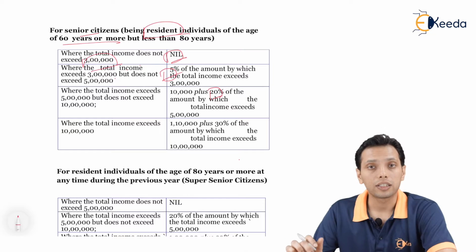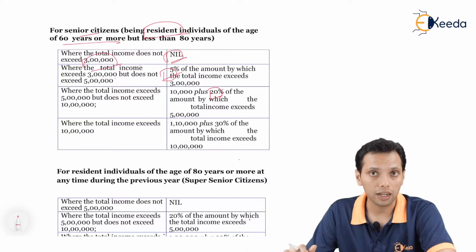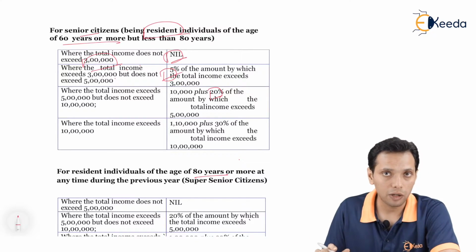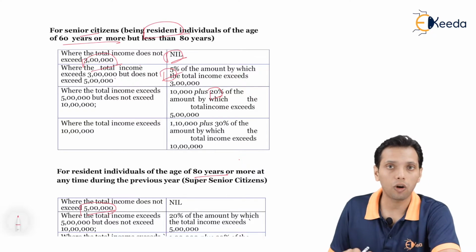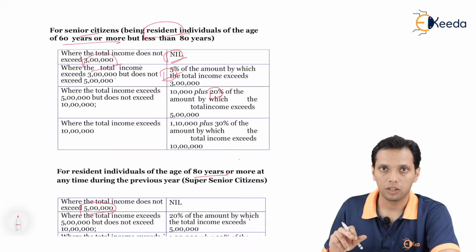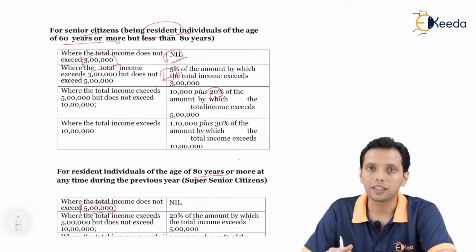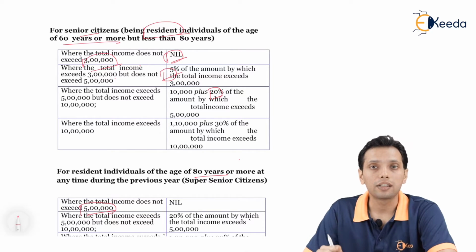And for super senior citizens, who are also resident and whose age is 80 years or more, the slab rate will start from 5 lakh, and not 2.5 lakh or 3 lakhs. So there are 3 slab rates. For resident individuals with age 80 years or more, the slab rate starts from 5 lakh, then from 5 to 10 it's 20%, and above 10 it's 30%.